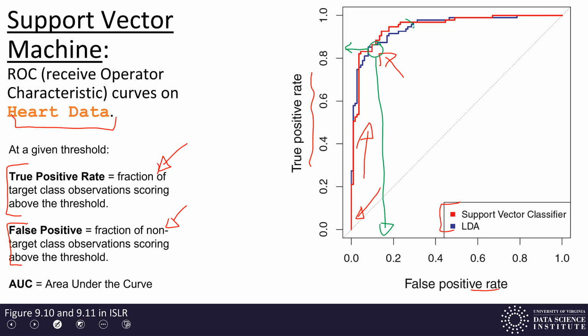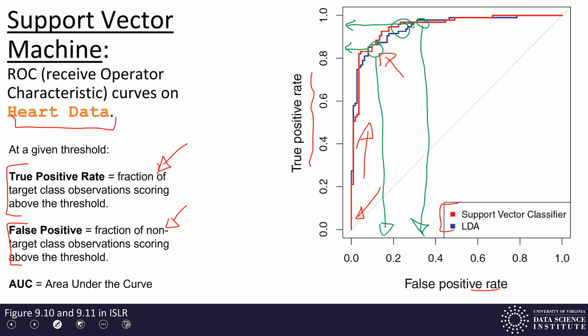And you pick a trade-off between how much you want to catch everybody. So for heart attacks, since it's a really bad thing, I might want to pick my threshold up here where I'm going to catch 95% of the heart attacks, but I have, say, a false positive rate or a false alarm rate of 35%.